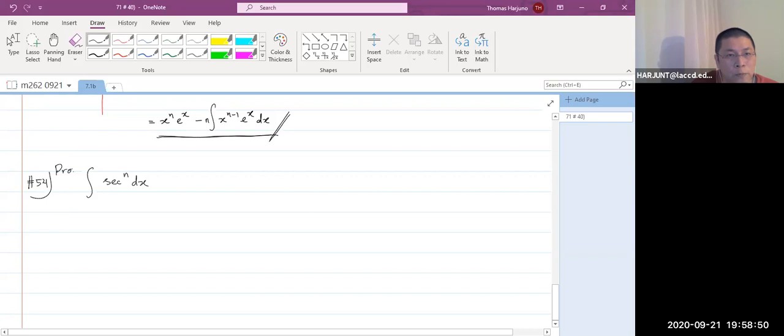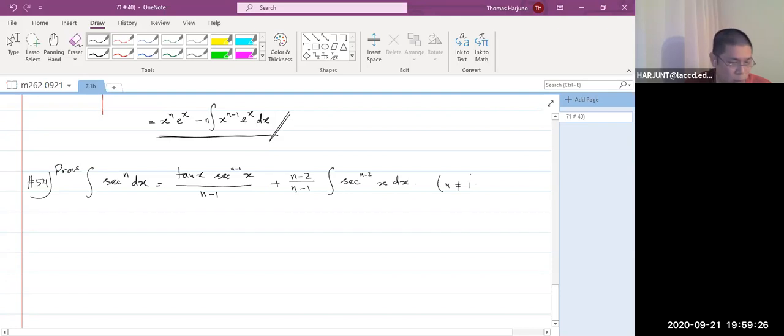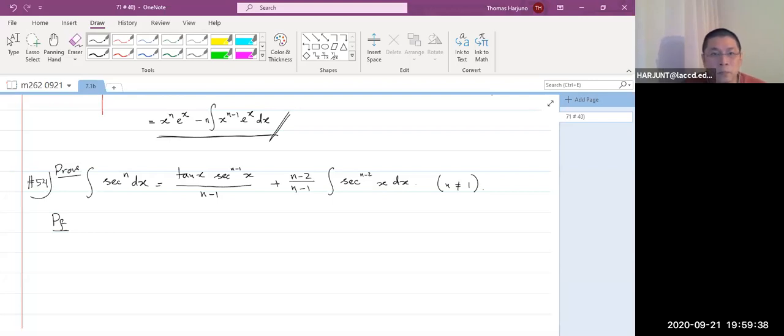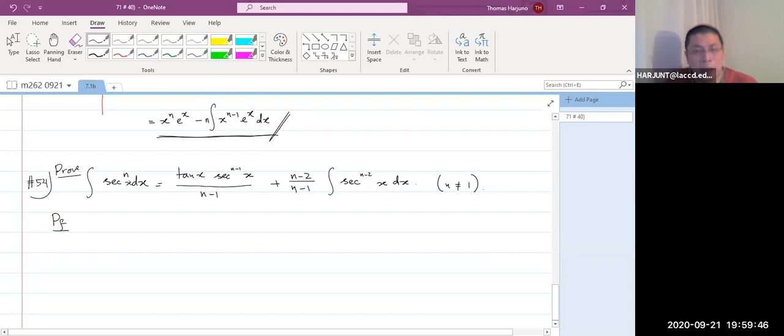The question is prove that this is equal to tangent x secant to the n minus 1 x over n minus 1 plus n minus 2 over n minus 1 times the integral of secant to the n minus 2 of x dx, for n not equal to 1.